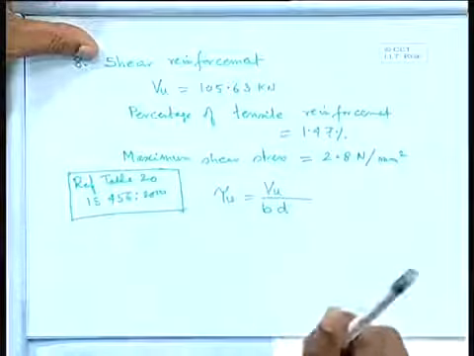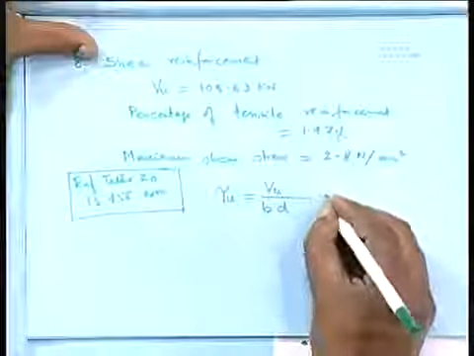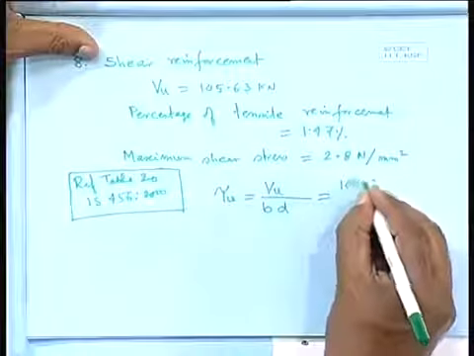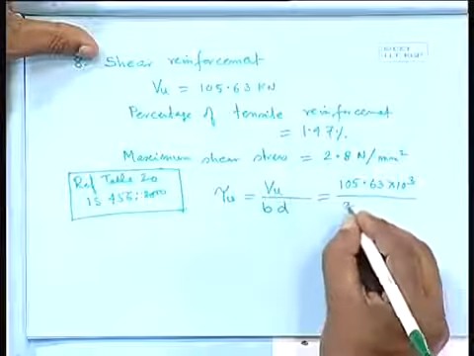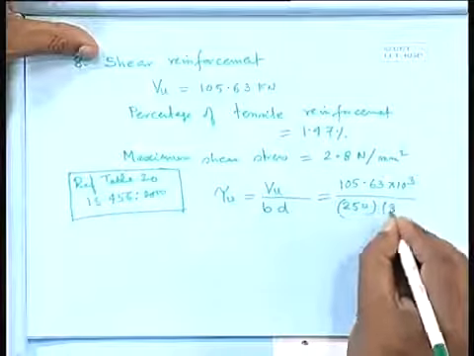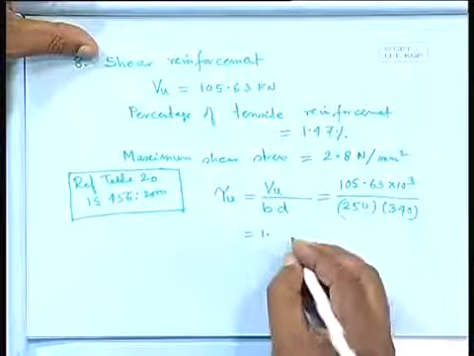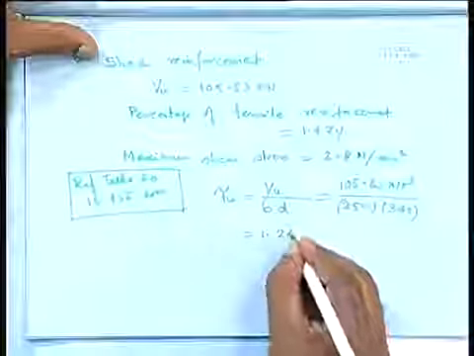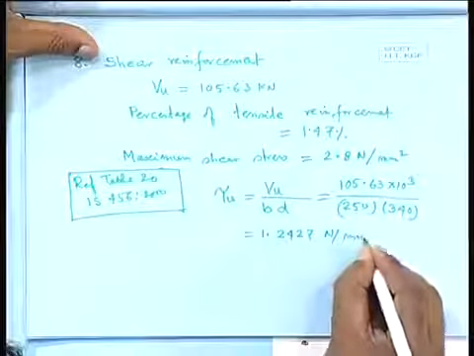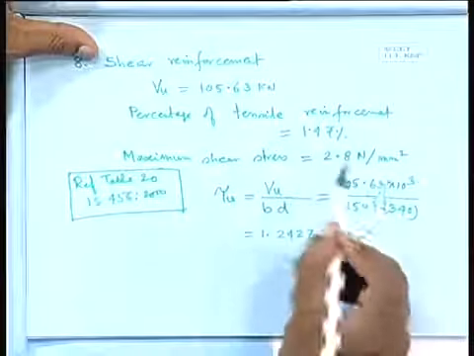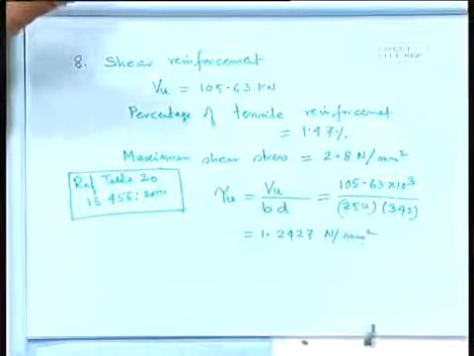Though we are talking about a T beam, here we have to take B as the width of the web. Tau v equals 105.63 into 10 to the power 3 divided by 250 times 340, and it comes as 1.2427 Newton per square millimeter. So, it is less than 2.8. So, no need of changing the section.